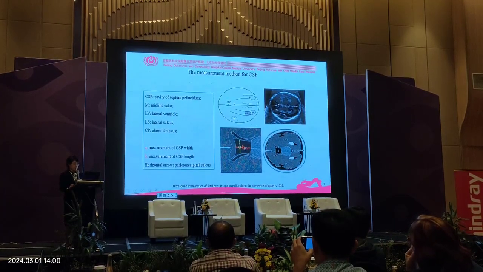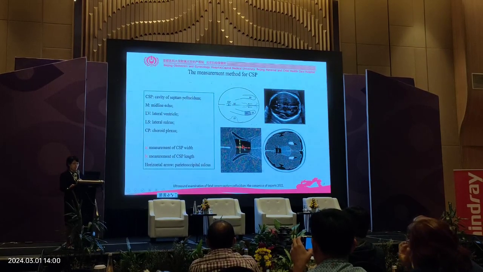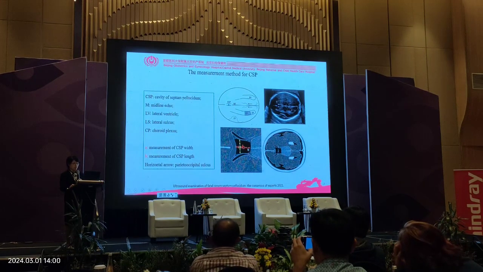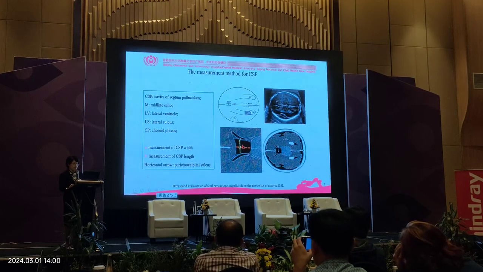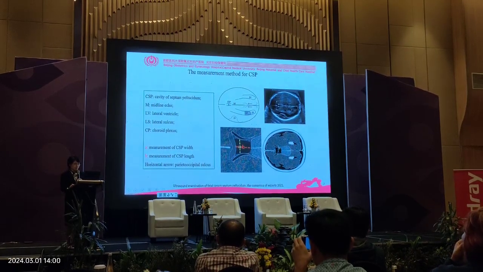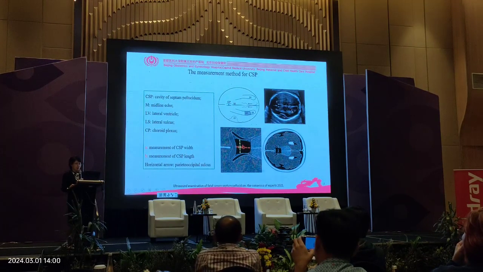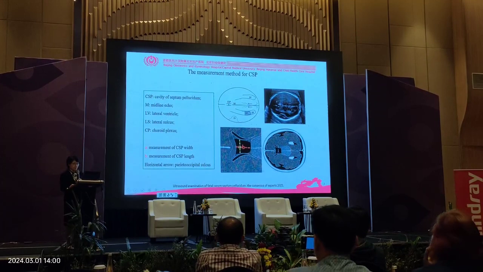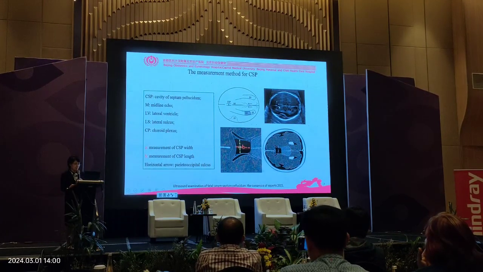So this is the measurement of the CSP, the length and the widest measurement of the CSP here. And here is the genu. We can also see the lateral ventricle. So this is the widest part of the CSP.